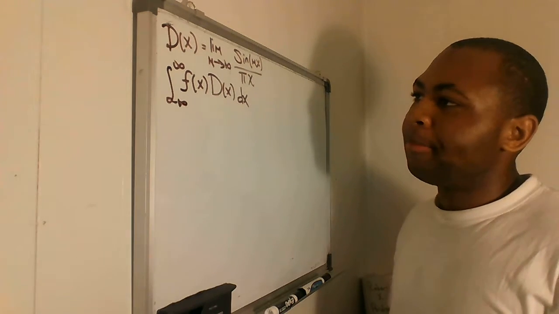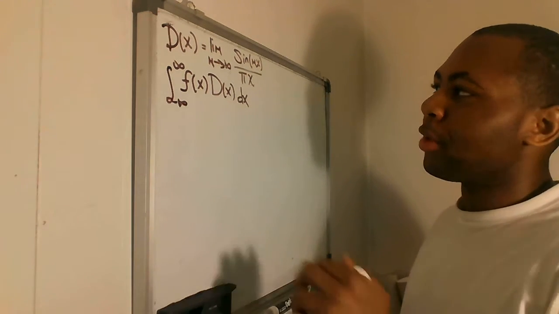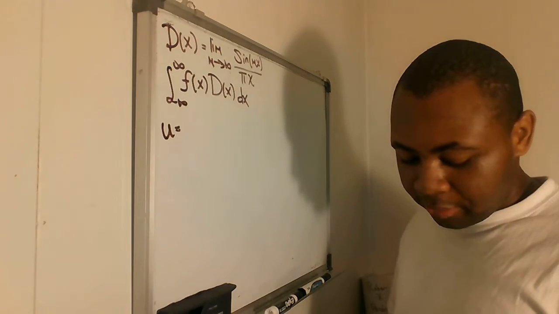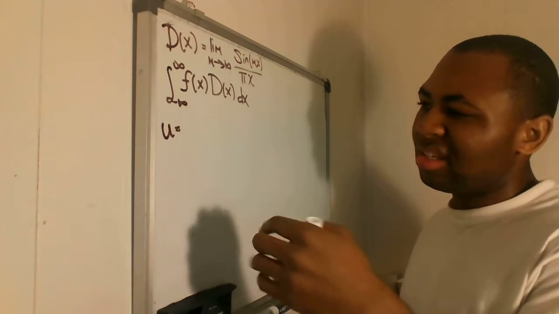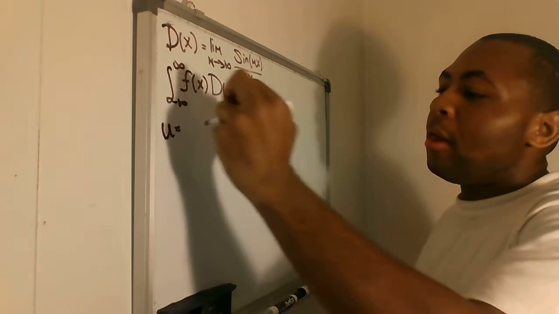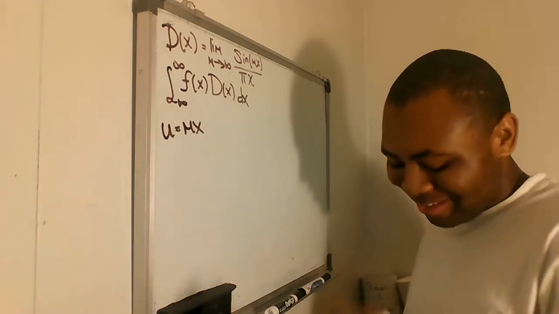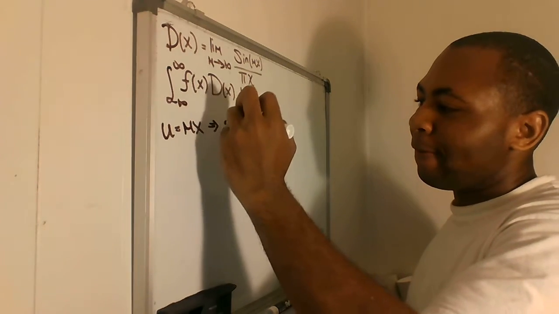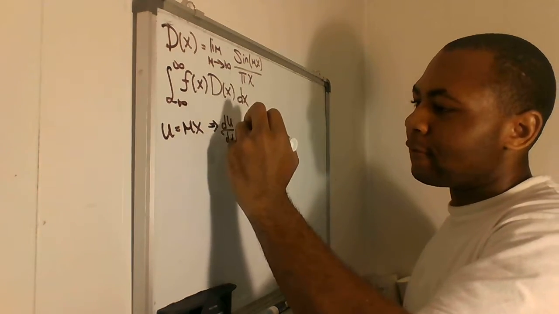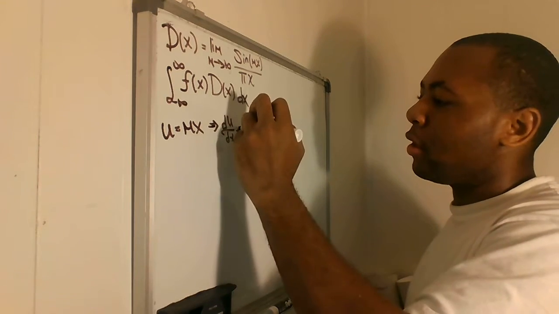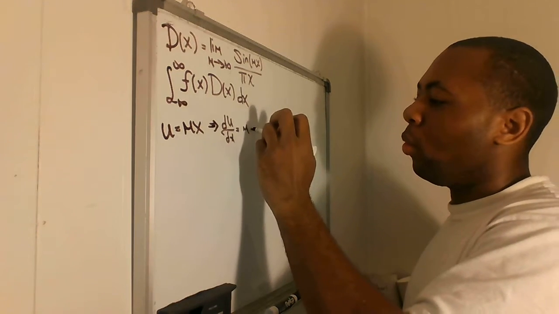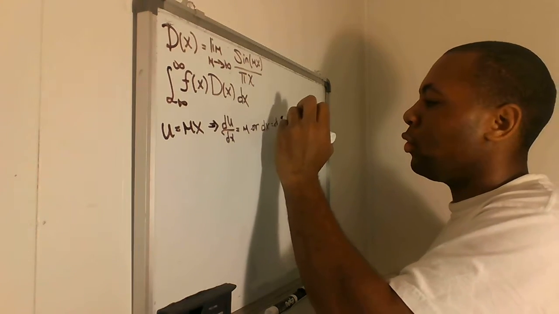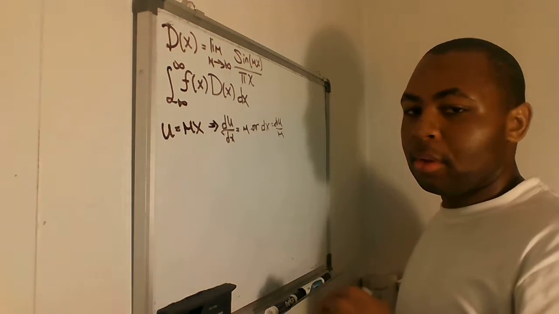Well, this was my trick. I took u equals mx. So therefore du/dx equals m, or dx equals du over m.